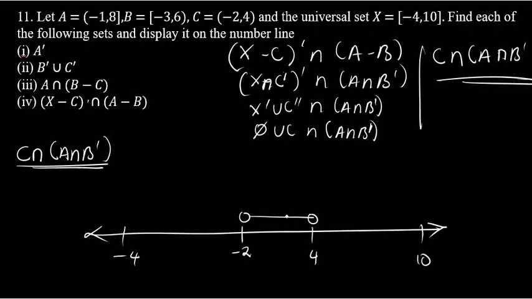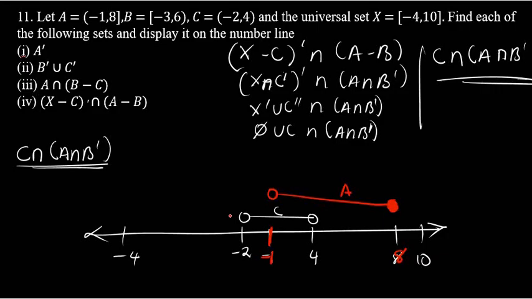Both of them are not included, so that is C. Then A is from -1 to 8. Which one is included? -1 is not included, but 8 is included, like that. So this is A.